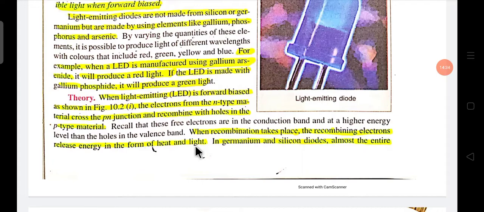When the electron and hole combine, a little bit of energy is radiated or lost in the form of light and heat.